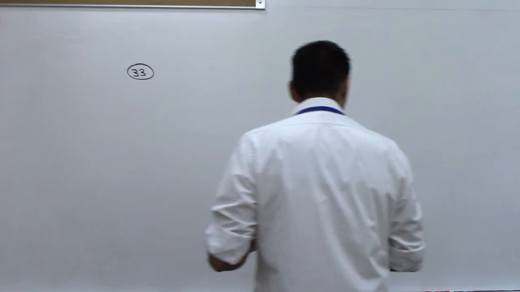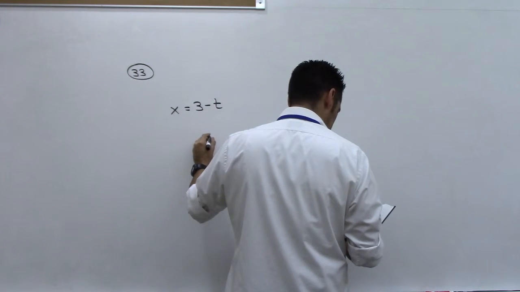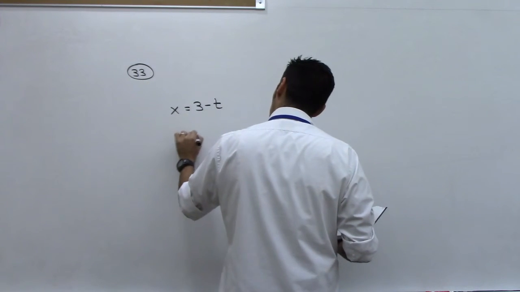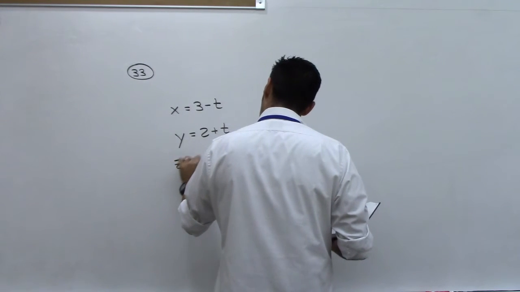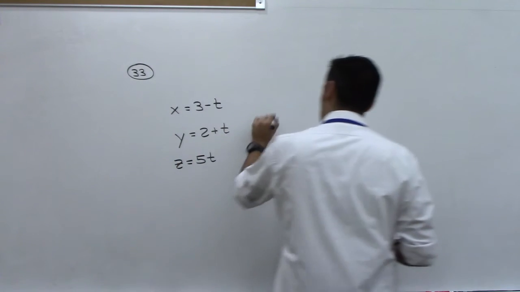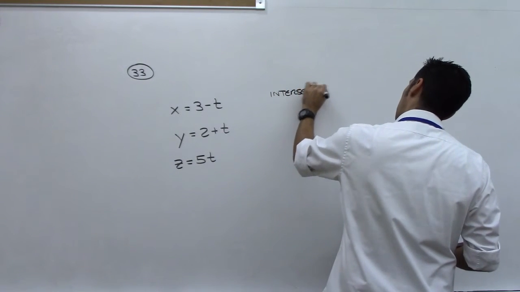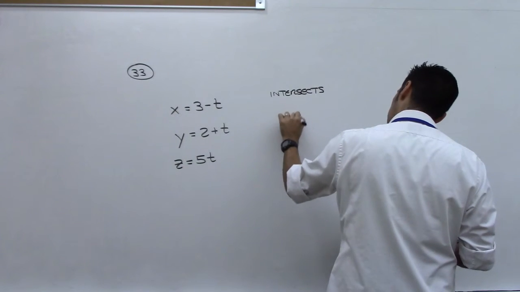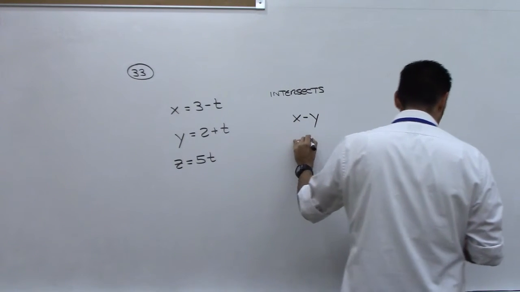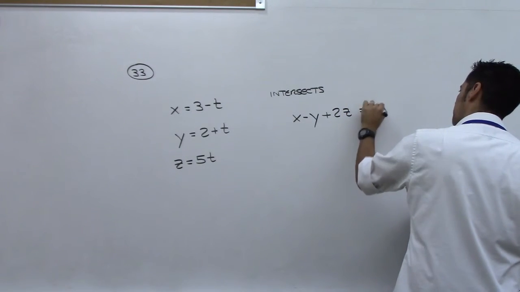Find the point at which the line x equals 3 minus t, y equals 2 plus t, and z equals 5t intersects the plane x minus y plus 2z equals 9.